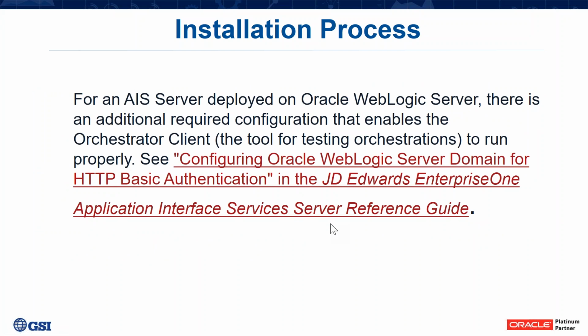So this is just, in doing the installation, a requirement. For an AIS server deployed on WebLogic server, there's an additional requirement that enables the tool for testing orchestration. So you basically need to click on that link from Oracle and follow that process. It's just editing an XML file and saving it off.